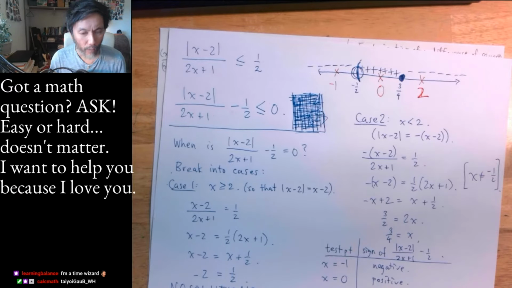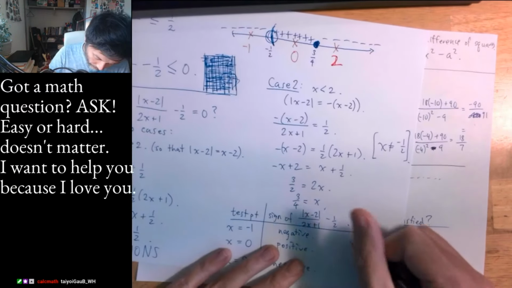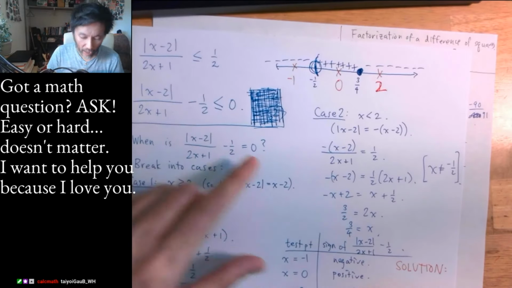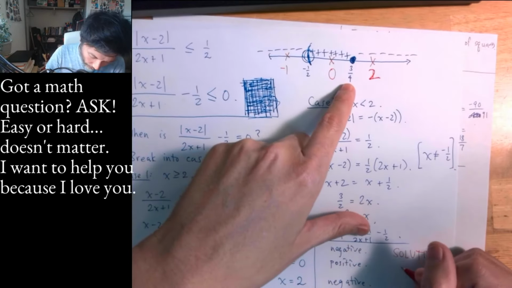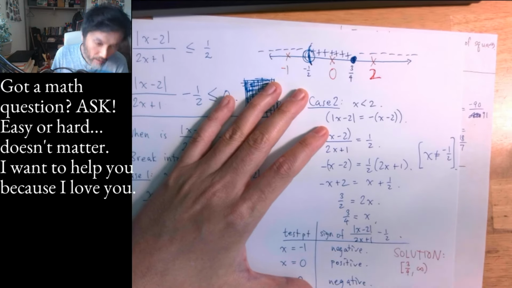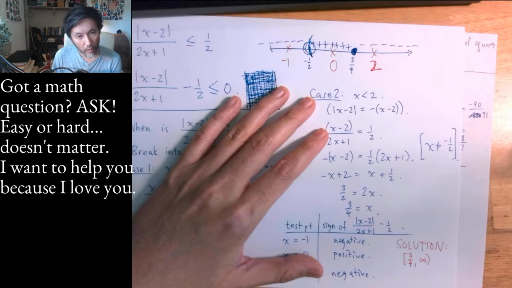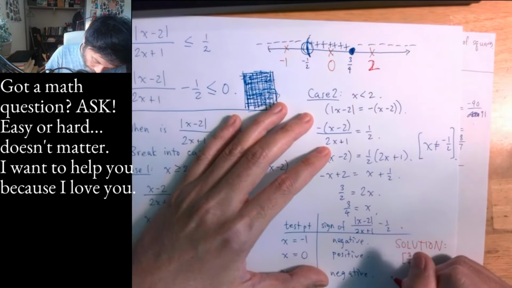There. So what is the solution then in the end? Where is this inequality satisfied? It's satisfied for x in the interval from 3/4 to positive infinity, which we denote like that, but also for x less than negative 1/2. So we might write union.